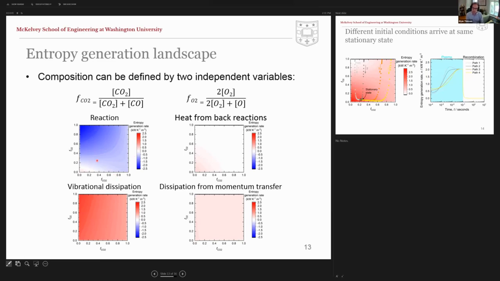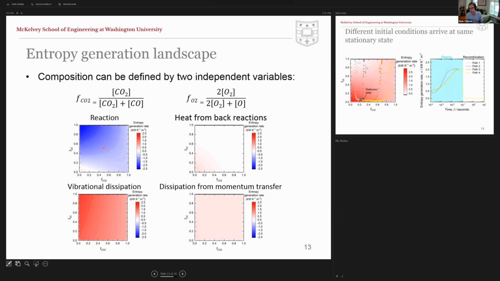And so immediately what you can see is, as you would expect for a reaction that's moving away from the local equilibrium state, the entropy generation component due to reaction, the rate multiplied by the affinity, is very negative. It's very negative for basically any mixture you can imagine.